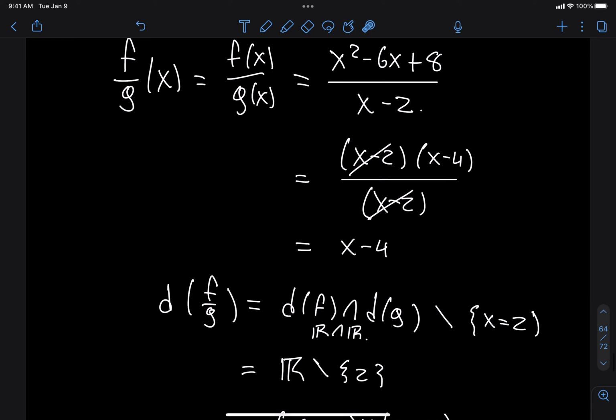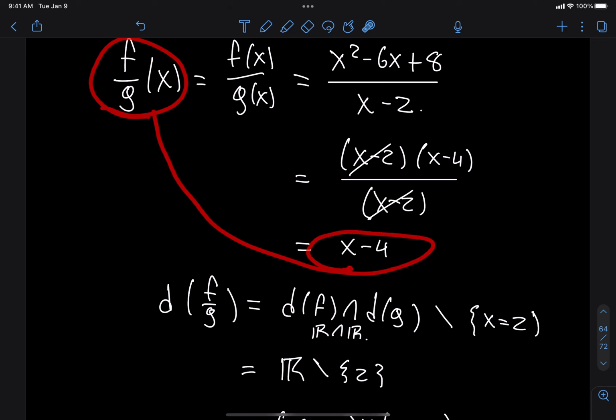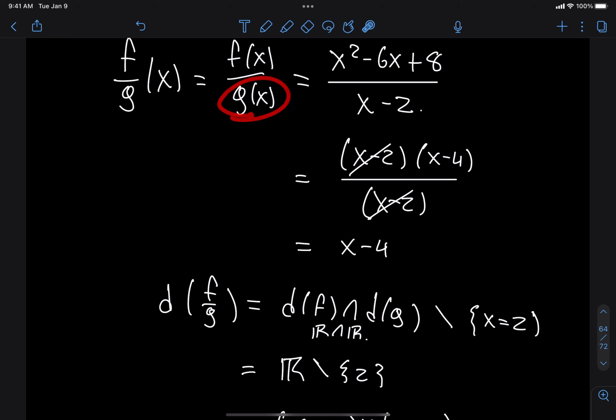Even though we were canceling those two terms, at the end of the day, f divided by g was equal to this, but only if x is not equal to 2. If x is equal to 2, then g of x is defined, it's 0. f of x is defined, it's also 0, but 0 divided by 0 is not something we can actually make meaningful sense of.